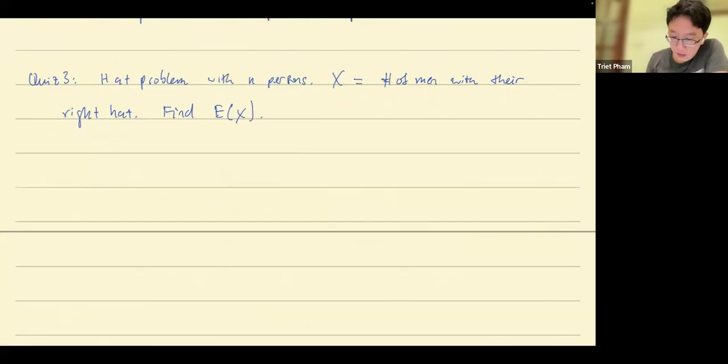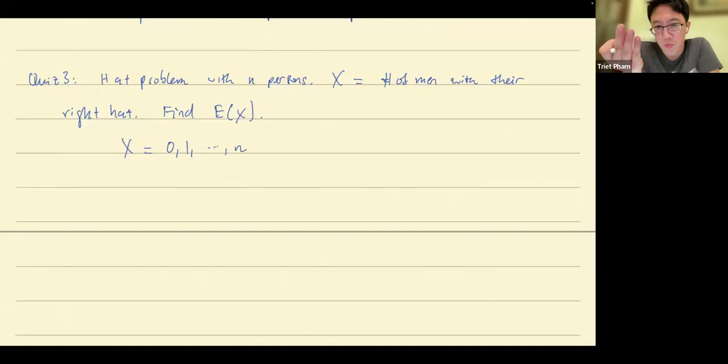What kind of values can X take as a random variable? X can take the values 0, 1, etc., up to n. There can be no man with their right hat, 1 man, or n men with their right hats.